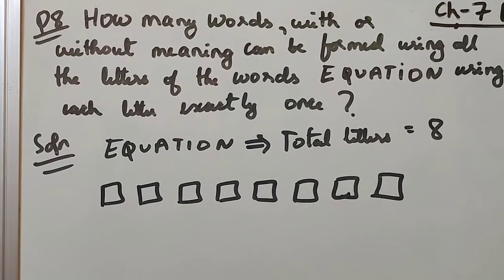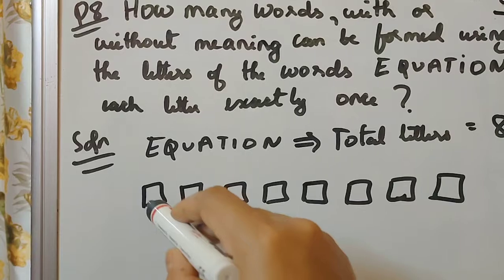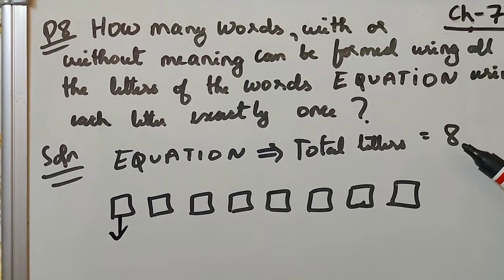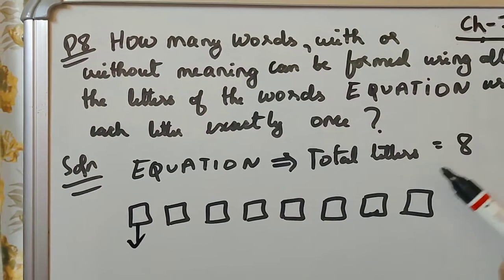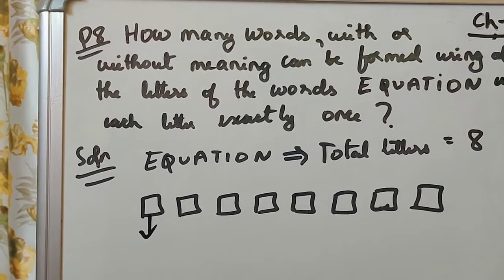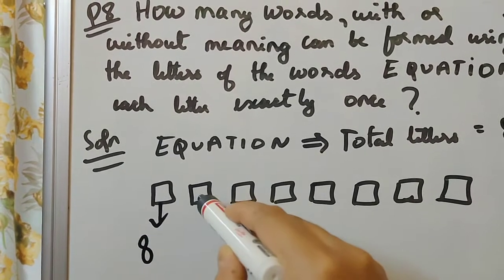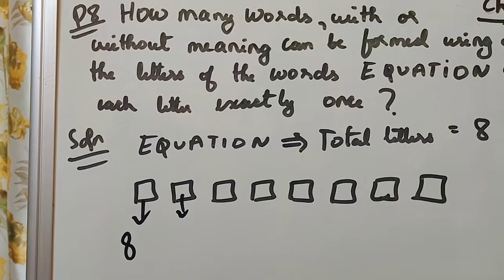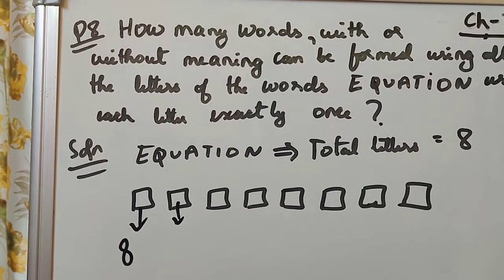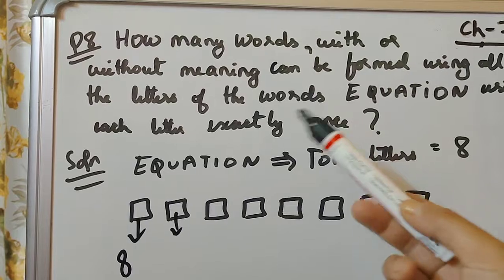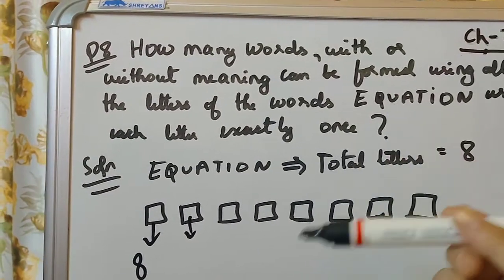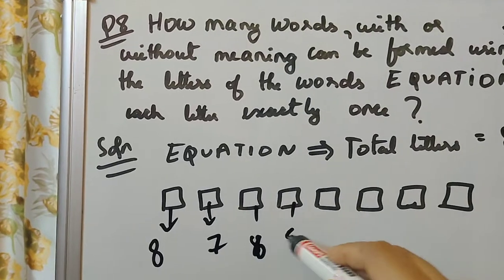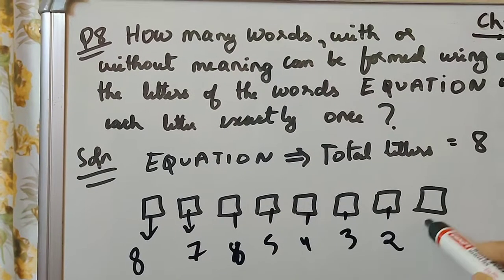So in the first place, this is your first box. My options will be 8 letters. Say for the first option I have 8 letters. Then for the second one, since we cannot use repeating letters, each letter exactly once, here will be 7, then 6, 5, 4, 3, 2, 1.